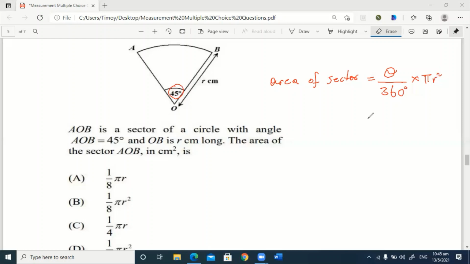So this is going to be 45 divided by 360 times pi r squared. What's 45 over 360? That's just 1/8 times pi r squared. So the area of the sector is going to equal 1/8 pi r squared, right? And that answer here is going to be B.